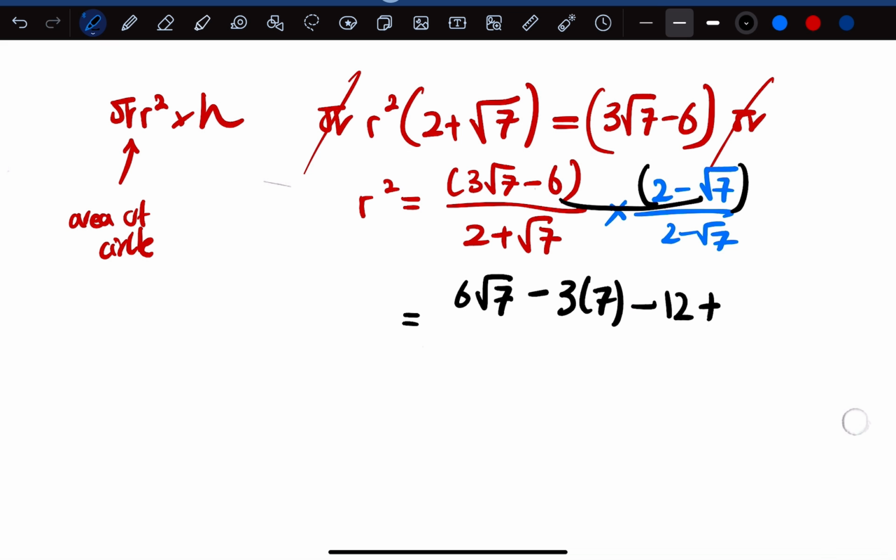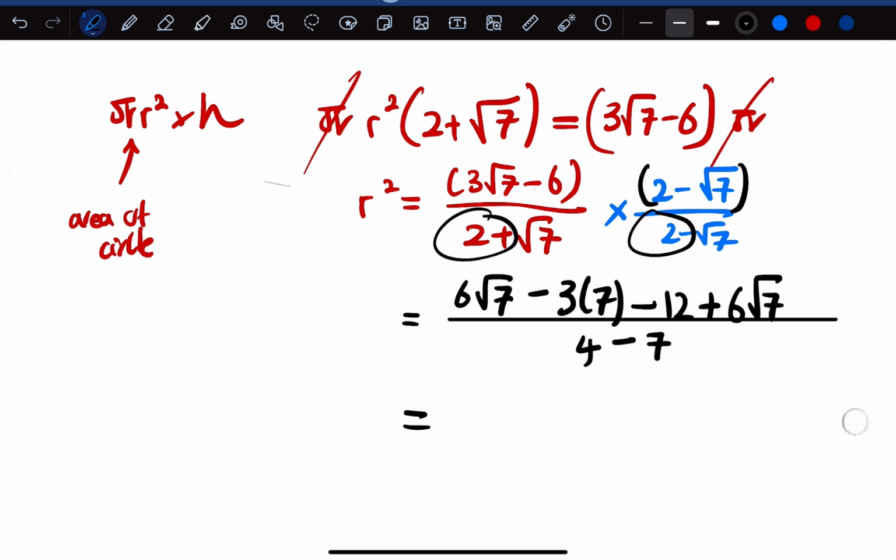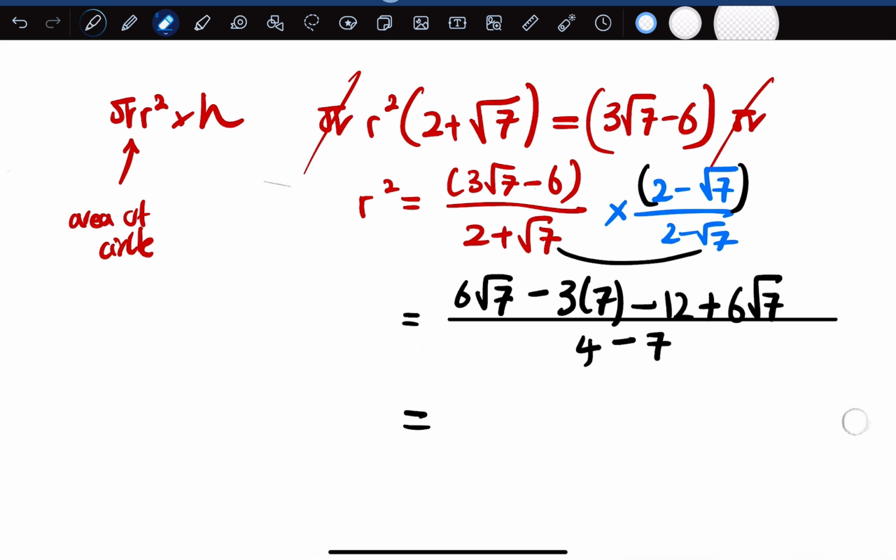Last one, negative 6 times negative root 7, so I add positive 6 root 7. Over my denominator, which is just 4 minus 7, because 2 times 2 is just 4. The cross terms cancel out, so those two we ignore. Last one, root 7 times negative root 7, I get negative 7.